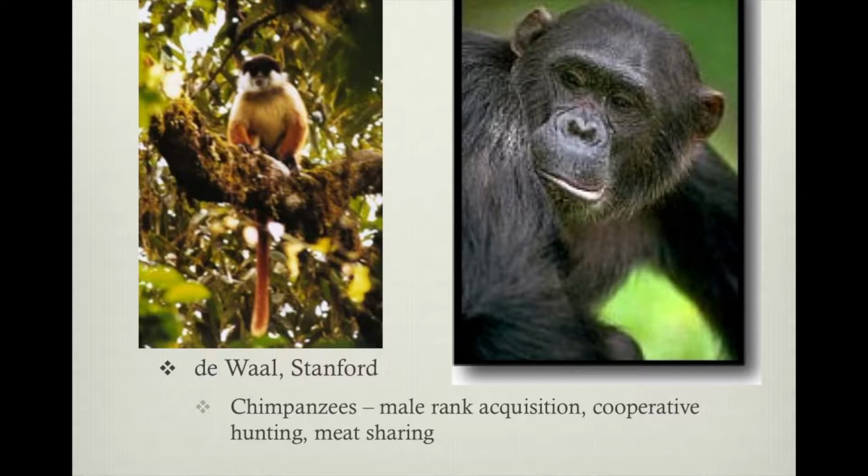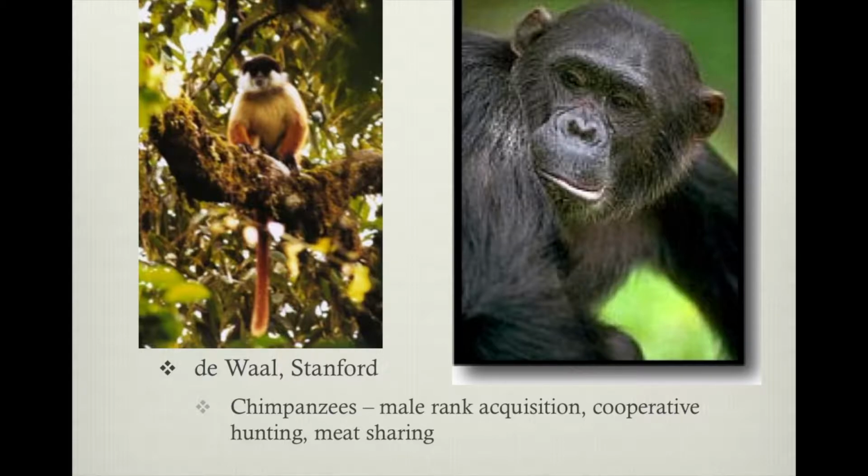So one male may sneak up unseen, so that he'll then be able to flush out the monkeys into the arms of waiting males. Other males will climb trees in a very visible way, so that they're able to cut off these escape routes, so that the red colobus monkeys know there's no way they can escape in particular directions. And then there'll be the male who does the killing strike.